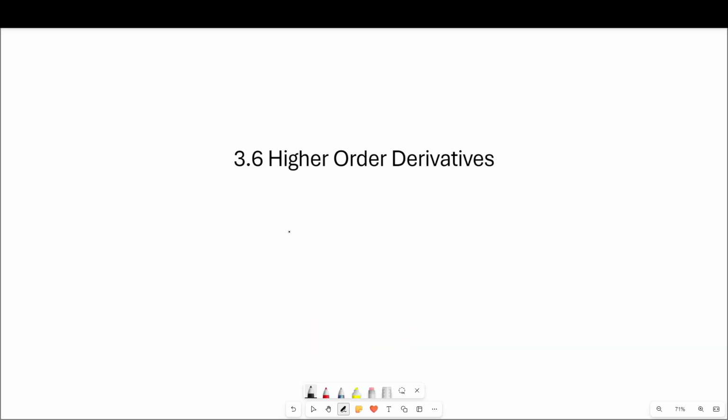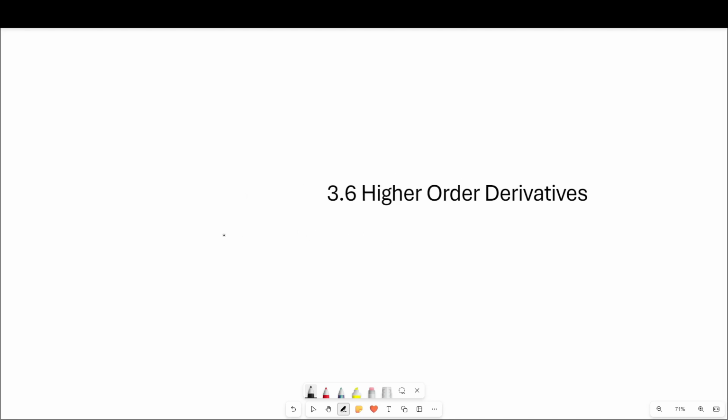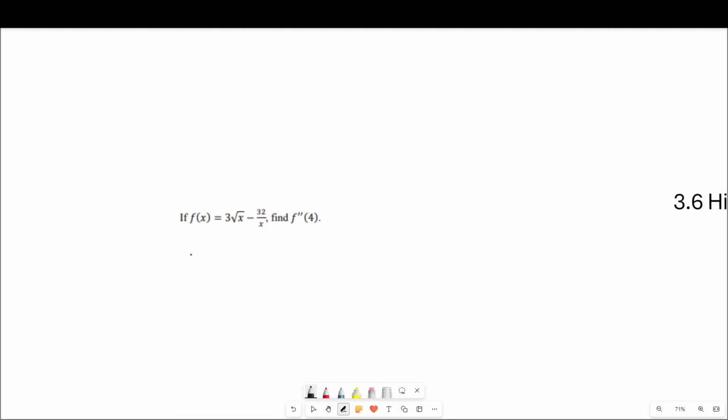And finally, 3.6. It's the last one. This is definitely the easiest one. It's just doing like the nth derivative, or like a certain number of derivatives. So we got this function, and it wants us to find the second derivative.